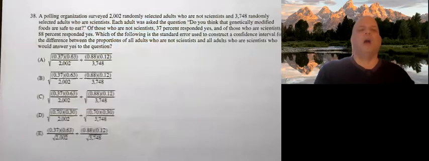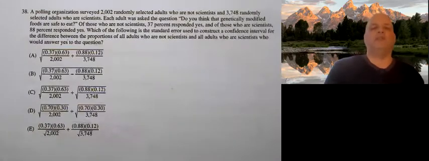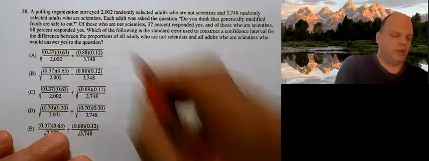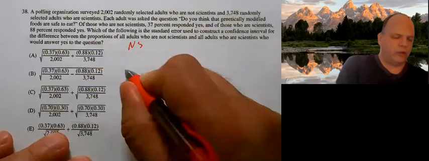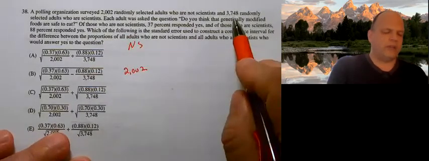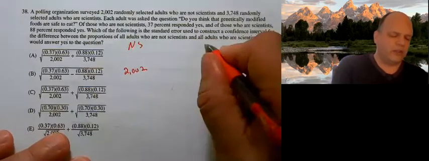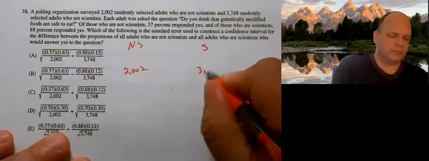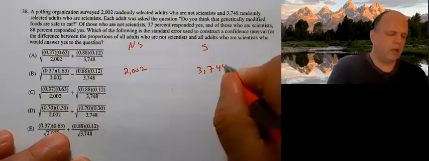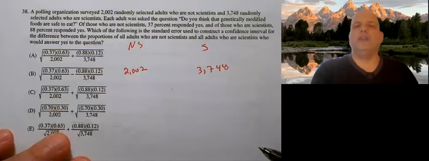All right, number 38. A polling organization surveyed 2002 selected adults who are not scientists, so n for not scientists is 2002, and 3,748 selected adults who are scientists. Each adult was asked the question, do you think that genetically modified foods are safe to eat?